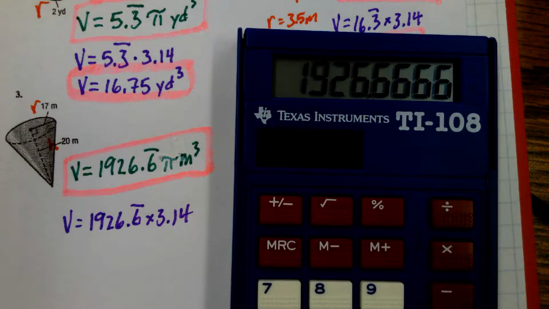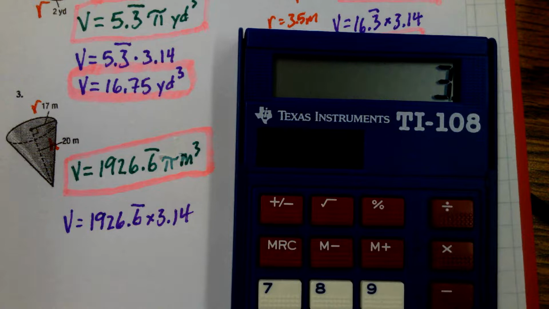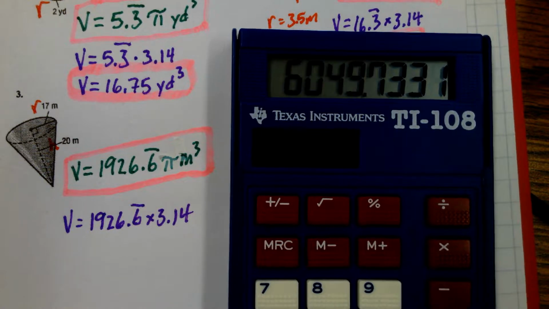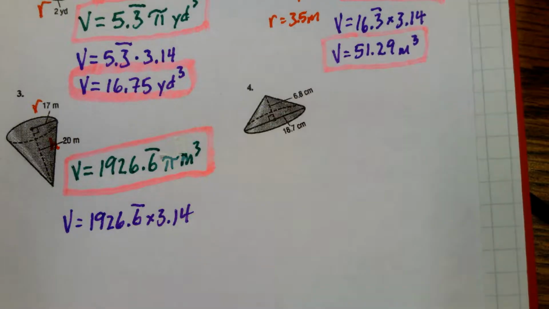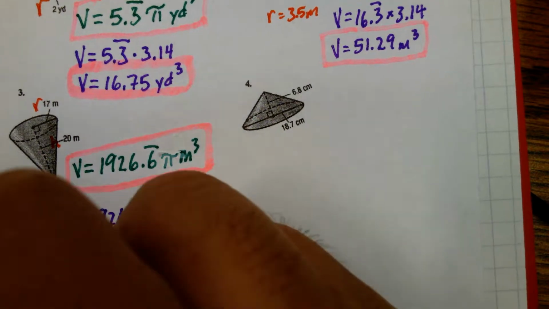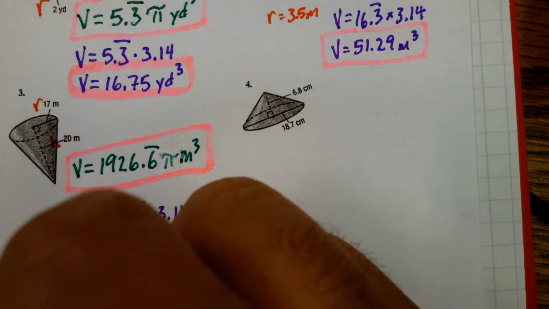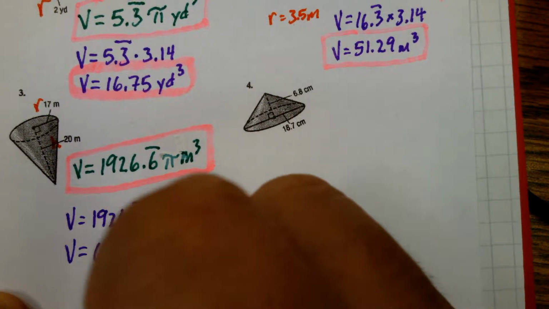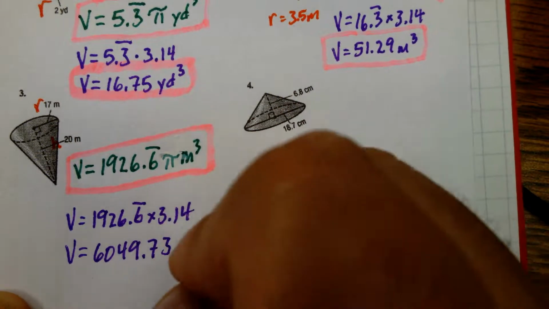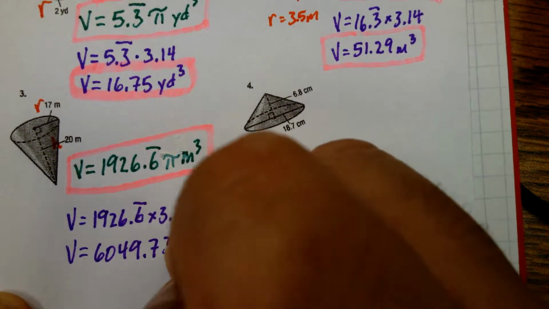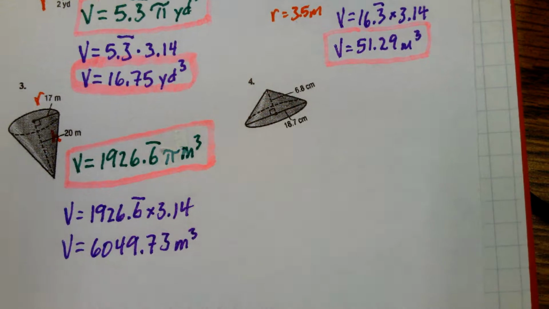That would be a good way. And then just multiply this times 3.14. And we'll get 6,049.73. And this is going to be cubic meters again.